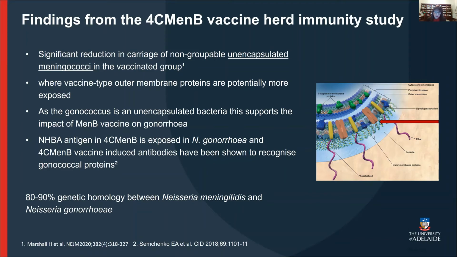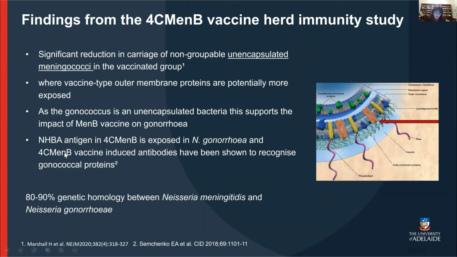If there is no capsule, the outer membrane proteins are more likely to be exposed to antibodies, and perhaps that's partly why we're seeing a reduction in gonorrhea in those young people who are vaccinated.